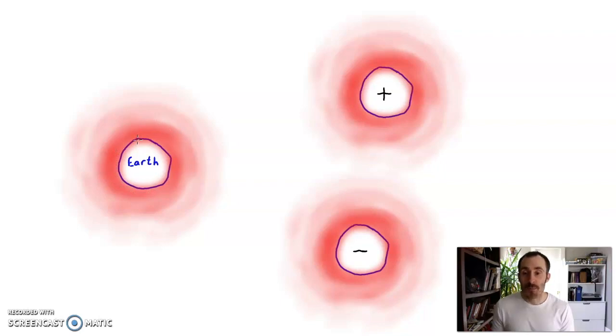And then as you move farther away from the Earth, it kind of fades out until it's just negligible. Okay, so a field is not necessarily a perfectly defined area that has a boundary where it stops and a boundary where it starts. It just kind of fades out to nothing.